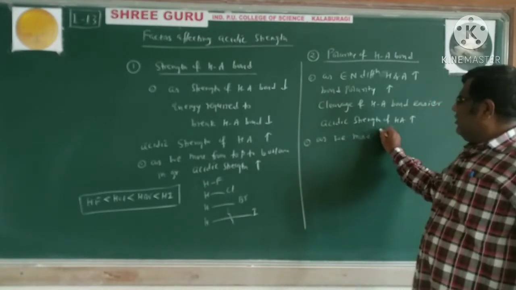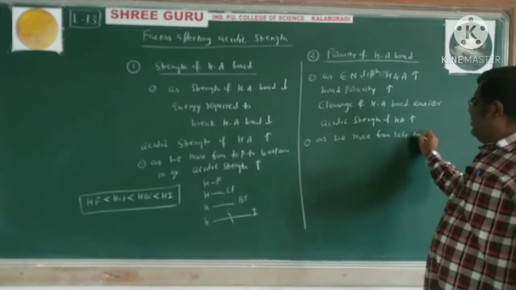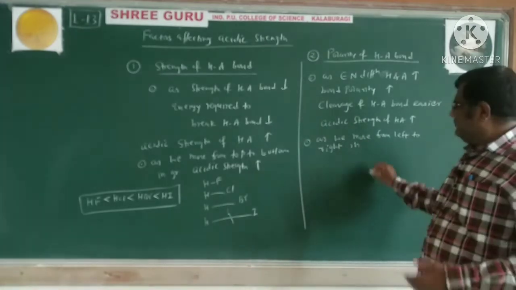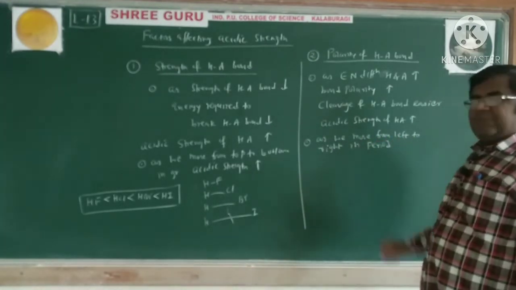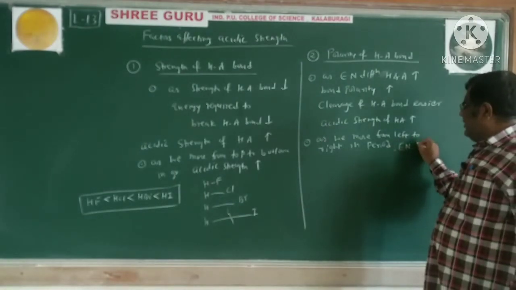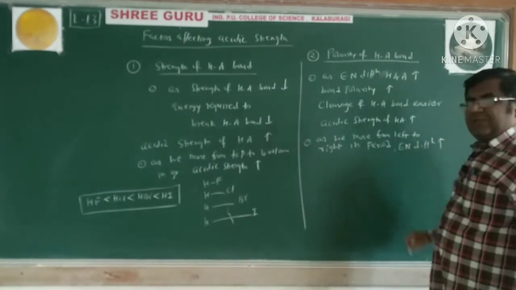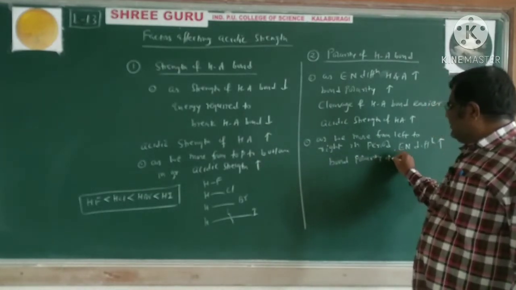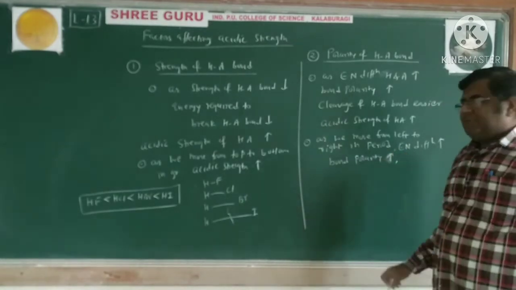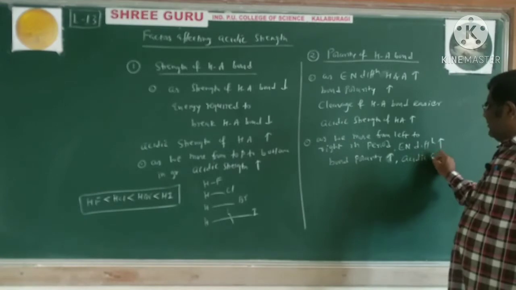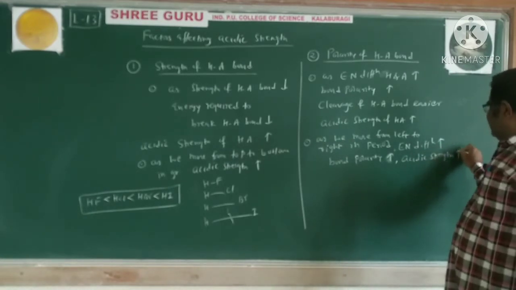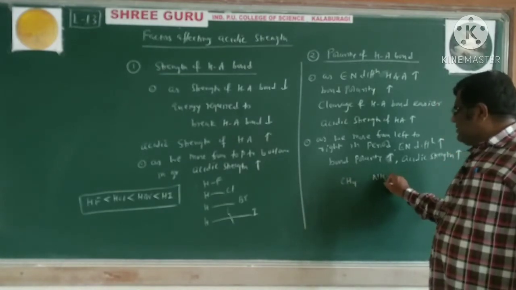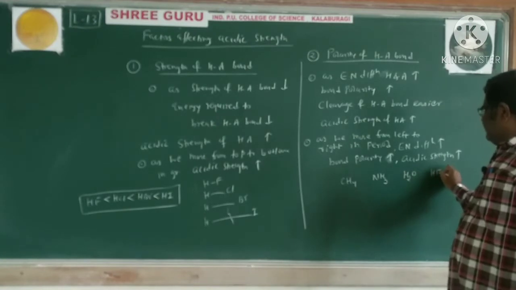We will take one example. As we move from left to right in a periodic table period, electronegativity difference increases, bond polarity increases, and that's why acidic strength increases. For example, methane, NH3, H2O and HF.